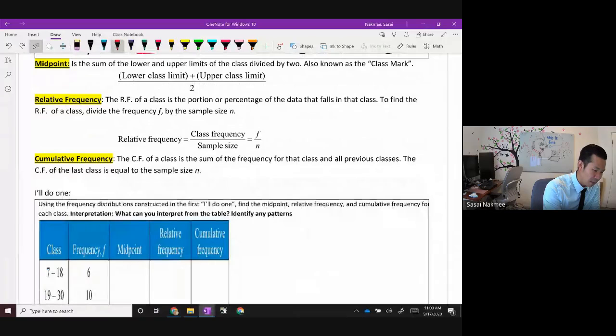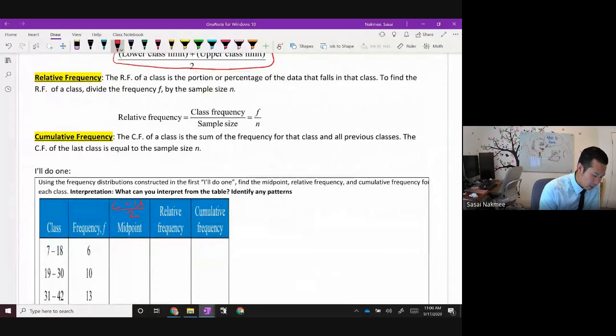So the way you find the midpoint is you take the lower limit plus the upper limit and then divide by 2. That's all that's saying right here, right? So how that looks on this one right here would be 7 plus 18 divided by 2. And you just plug that into a calculator, right?